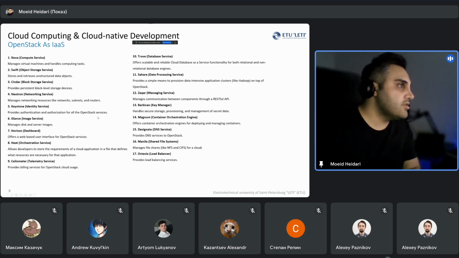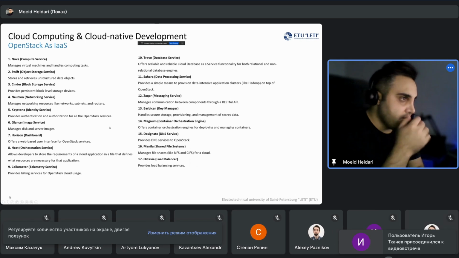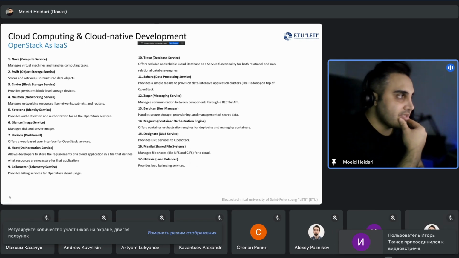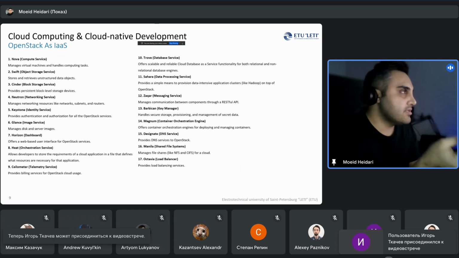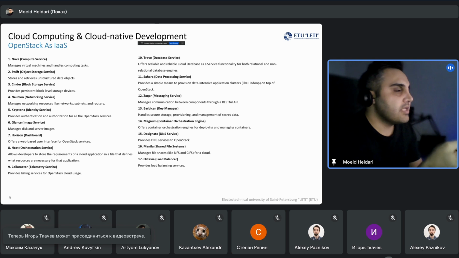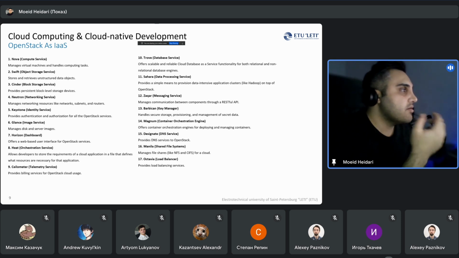Glance is a service. So the services of OpenStack are much more than what we can see here. But yeah, there are some services that you need to have for at least the simplest possible working OpenStack. Glance, for example, is not one of the major things because even without Glance, you can still work.